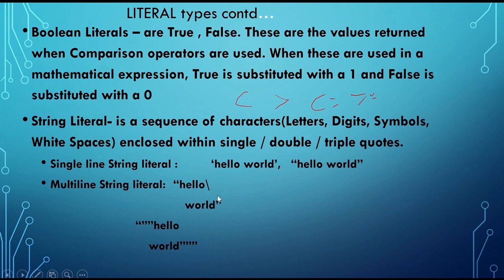So there are two ways of representing a multi-line string literal, like what's shown here. The series of characters ended with a continuation character. A backslash here refers to a continuation character, and then you come to the next line and continue the string. And the second form of multi-line string literal will be to enclose the several lines of the string within triple quotes. It can be 3 single quotes or 3 double quotes.